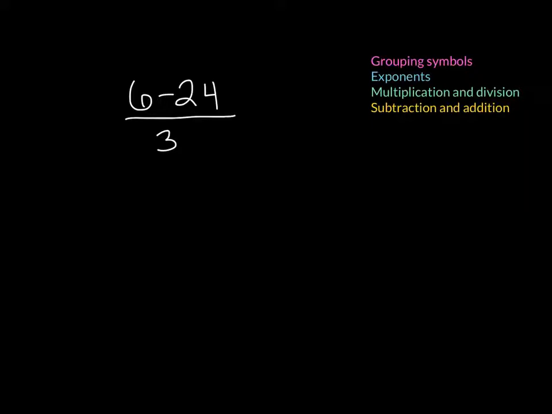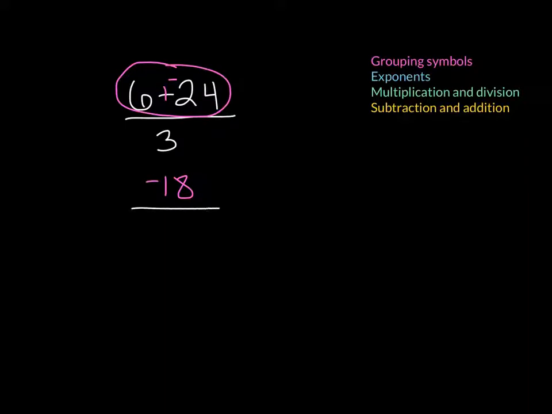In this example, the fraction bar acts as a grouping symbol. It groups the numerator together here. In the numerator, we have 6 minus 24, or 6 plus negative 24. Since they're different, we subtract. Get 18, keep the sign of the larger, so that would be negative.